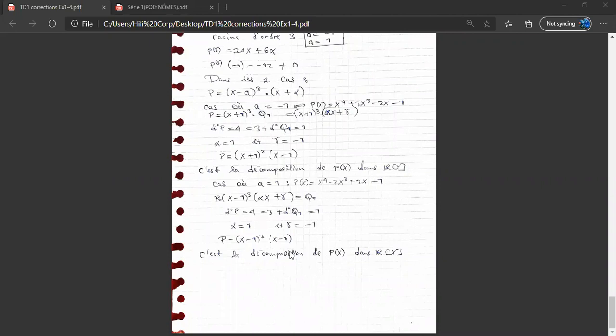How are we going to decompose this? Can you help us in C? If you've understood, how are we going to decompose this?